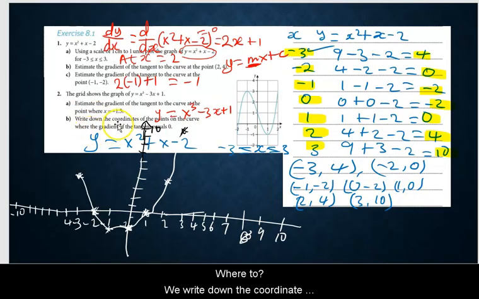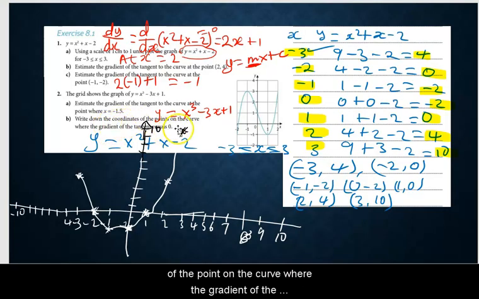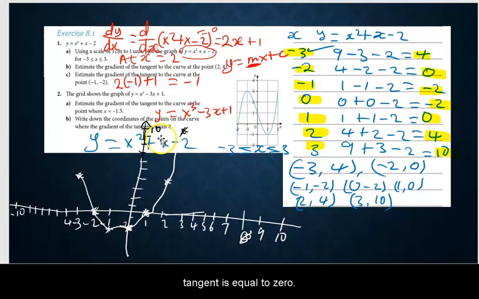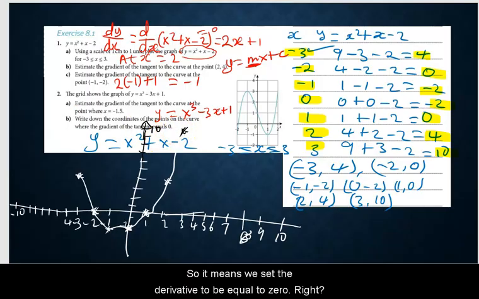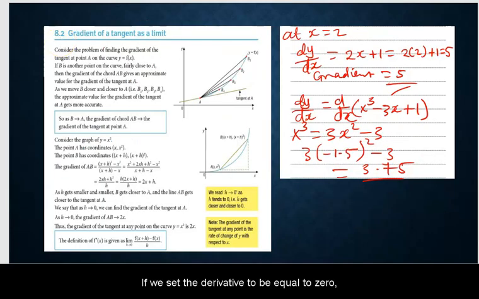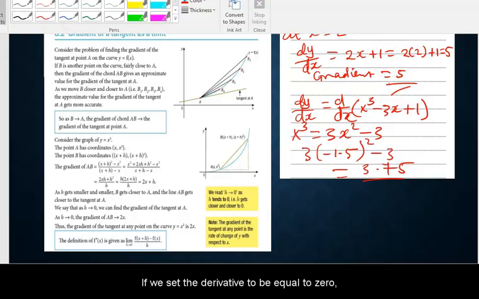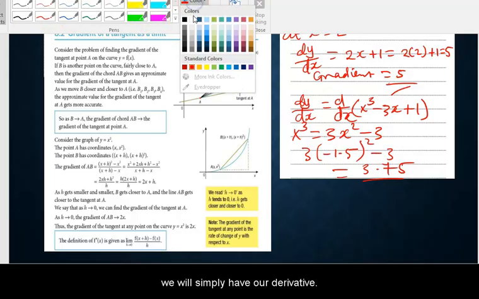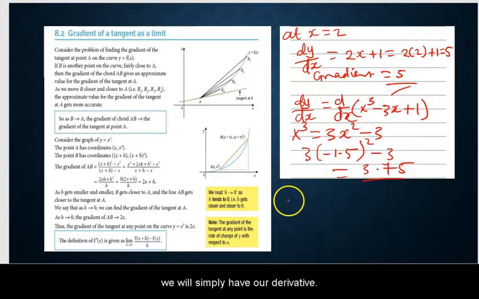B, we write down the coordinates of the point on the curve where the gradient of the tangent is equal to 0. So it means we set the derivative to be equal to 0, right?